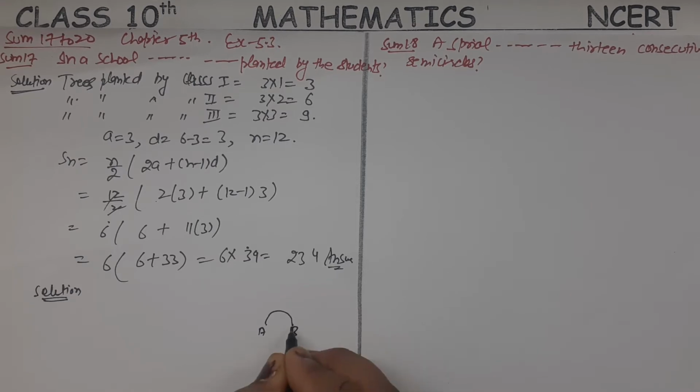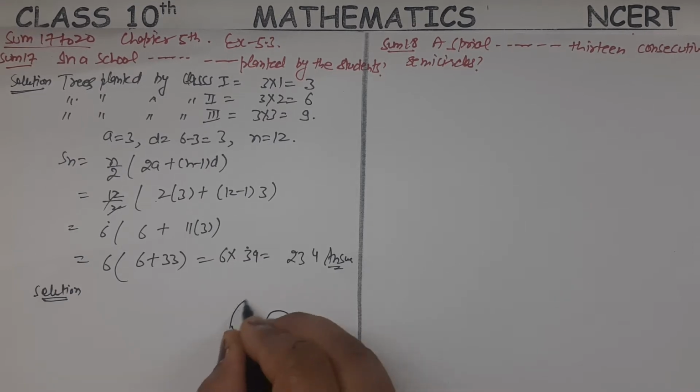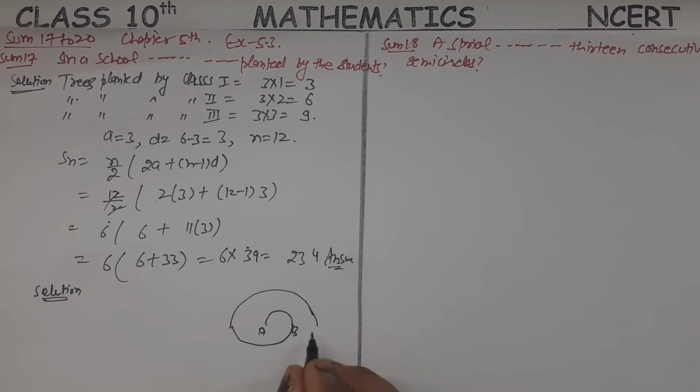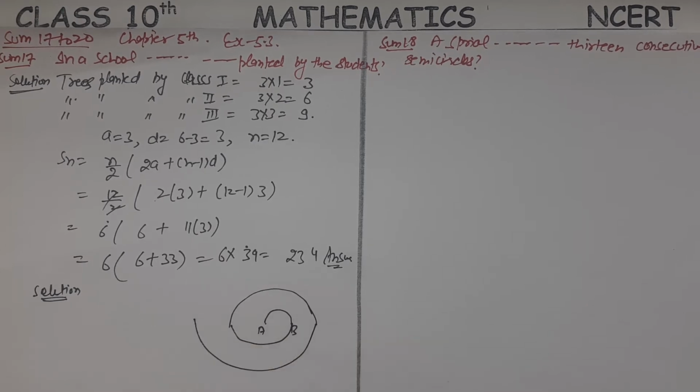This one, point B, semicircle. Every time the radius increases by 0.5 centimeter. What is the total length of such a spiral made up of 13 consecutive semicircles?